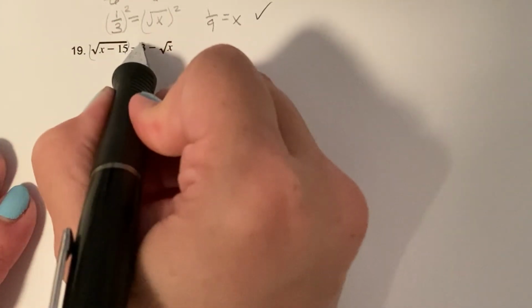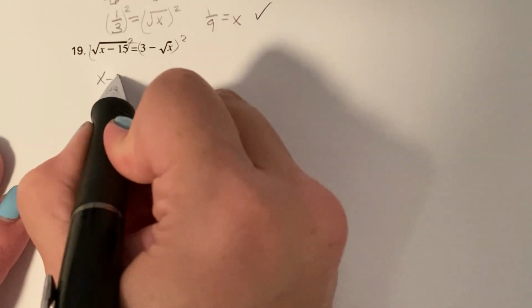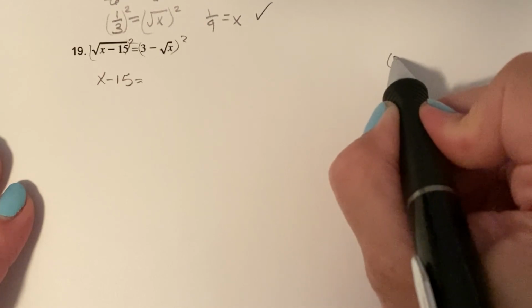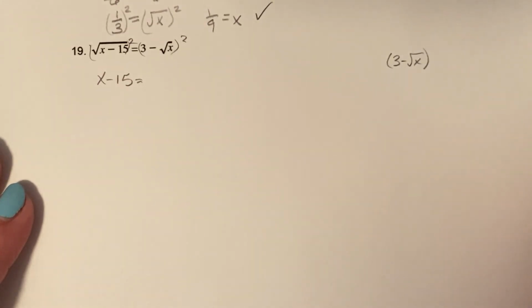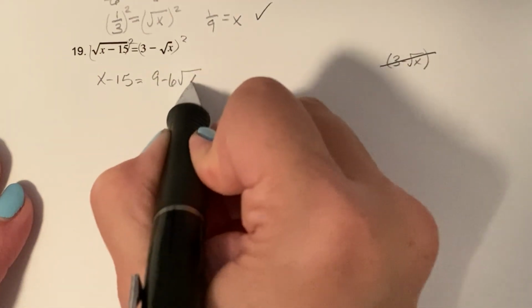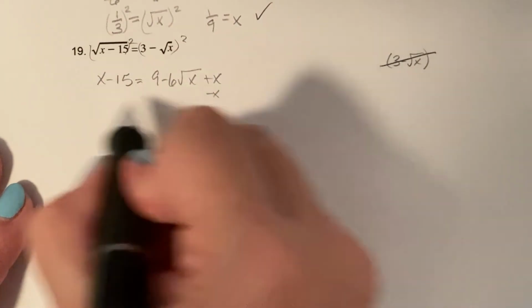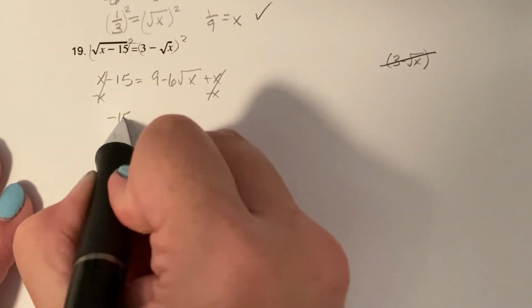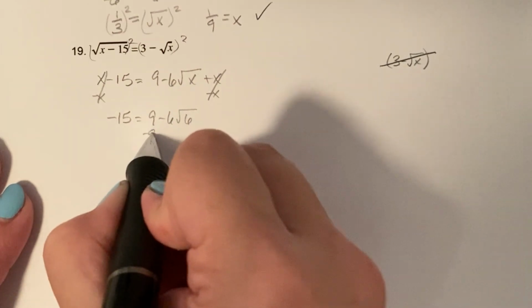Okay, so for our last one, again, same thing as above. We're going to square both sides first. X minus 15 equals 3 minus square root x. Oh, we did that above. So that gives us 9 minus 6 square root x plus x. Subtract the x from both sides. We get negative 15 equals 9 minus 6 square root x. Subtract the 9.